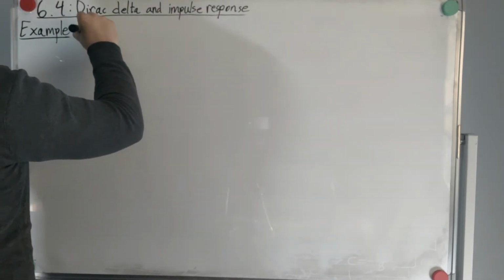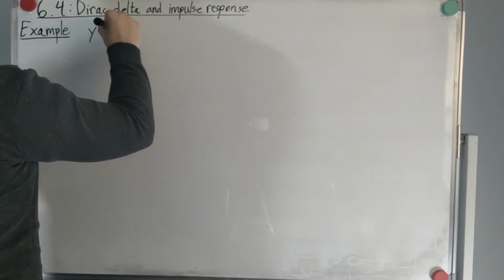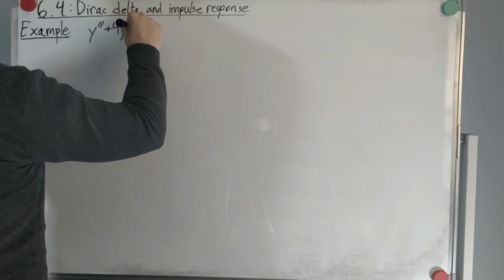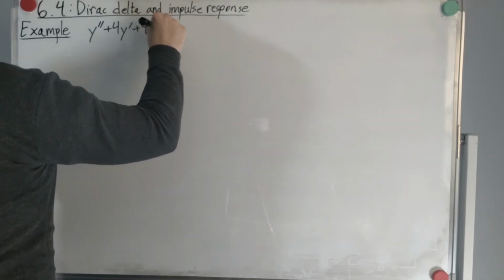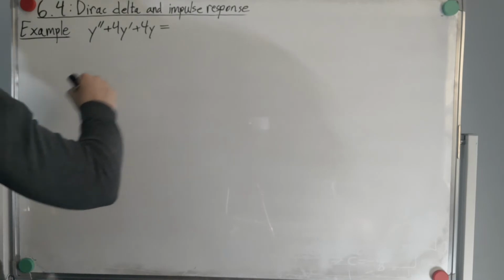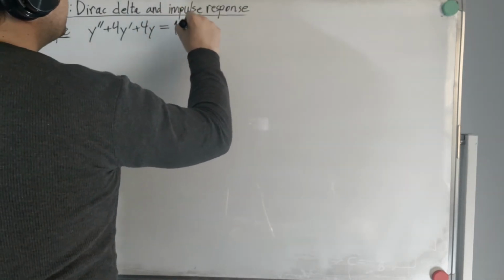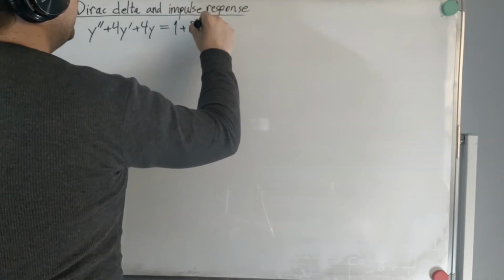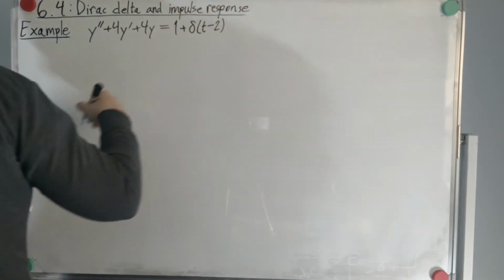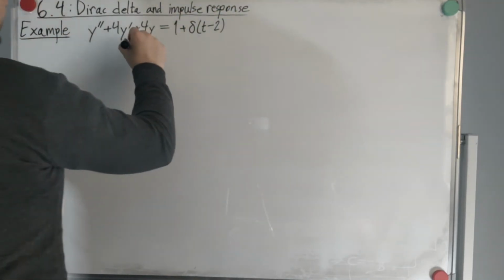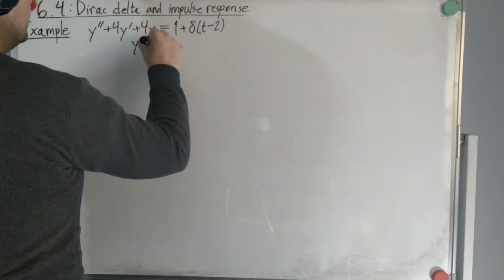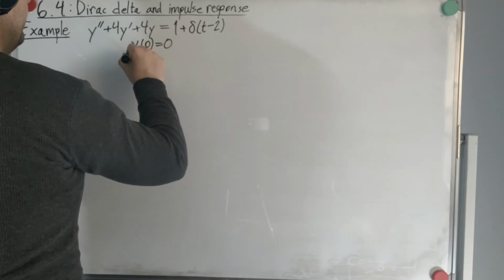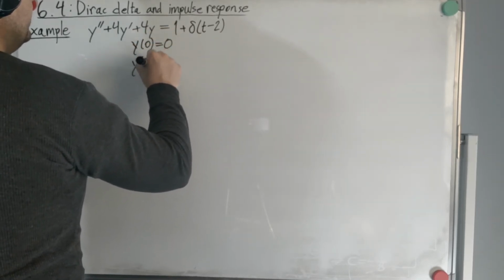So, y prime prime plus 4y prime plus 4y. I'm going to say this is equal to 1 plus delta of t minus 2. With the initial conditions y of 0 equals 0 and y prime of 0 equals 0.